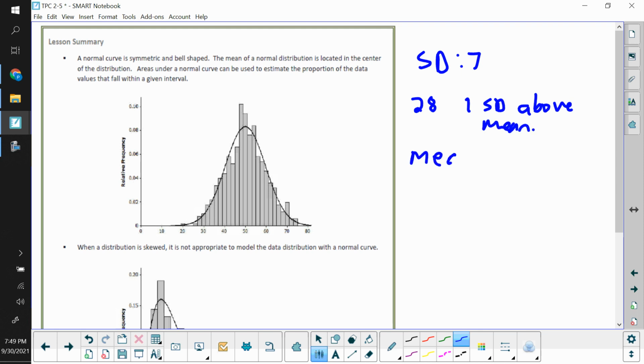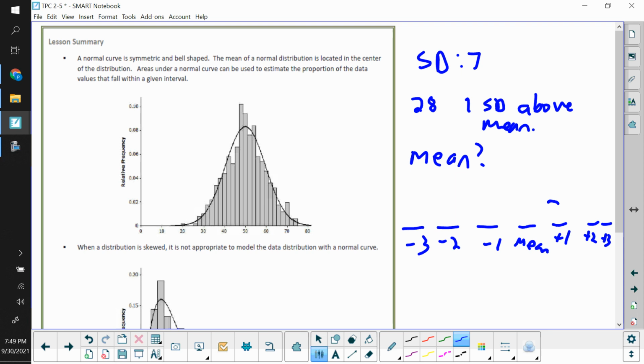And we want to know, what is the mean? Well, let's say our mean is here right in the middle. That's 1 standard deviation above, 2 above, 3 above. 1 below, 2 below, 3 below.